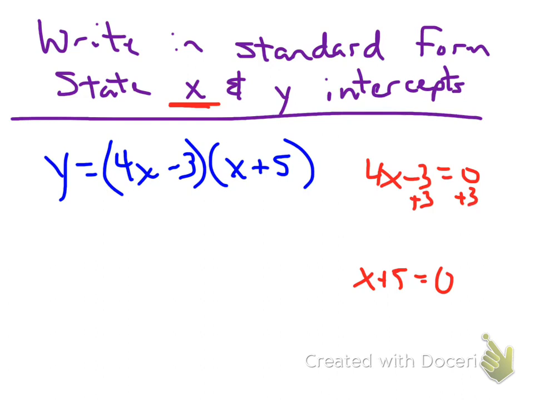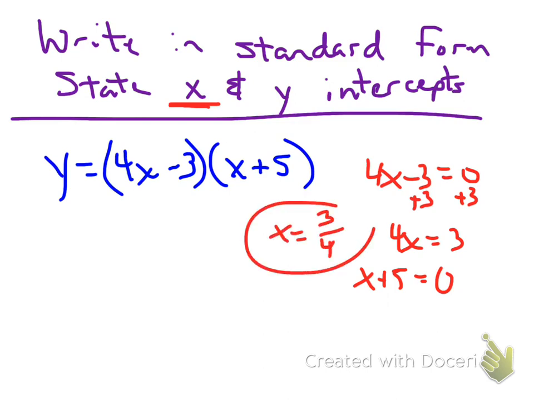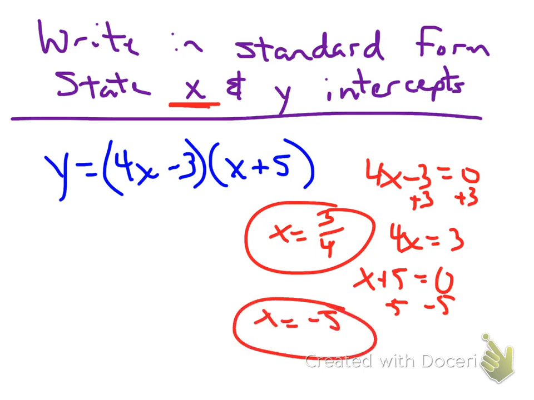I add 3, and 4x equals 3. When I divide by 4, I get x to equal 3/4. There's one solution. From the second factor, I subtract 5, and x equals a negative 5. Those are my two solutions for my x-intercepts.